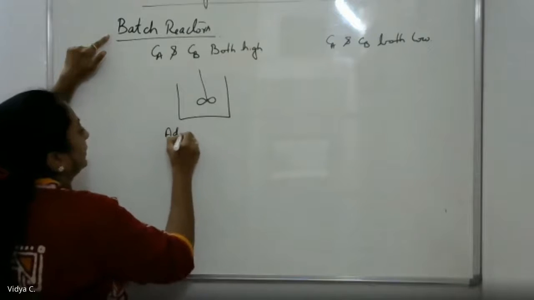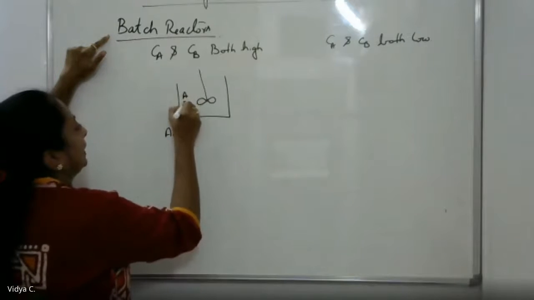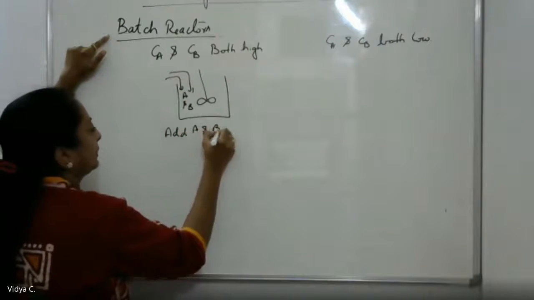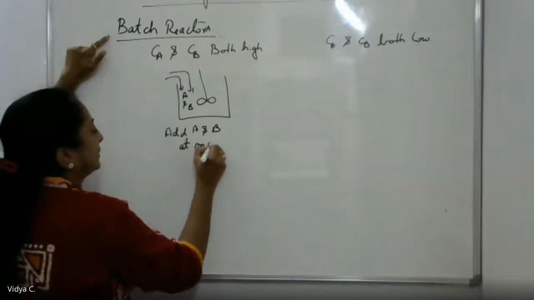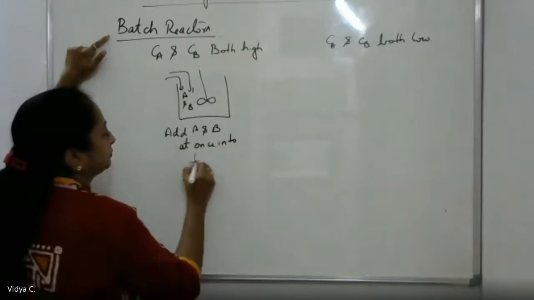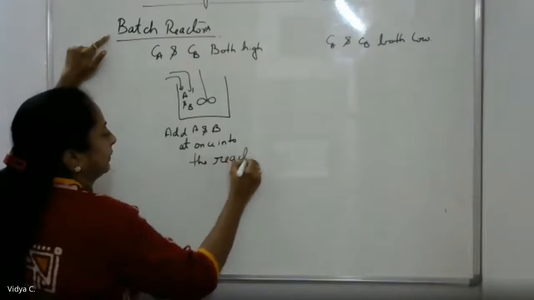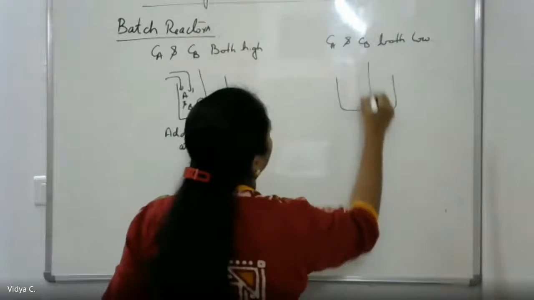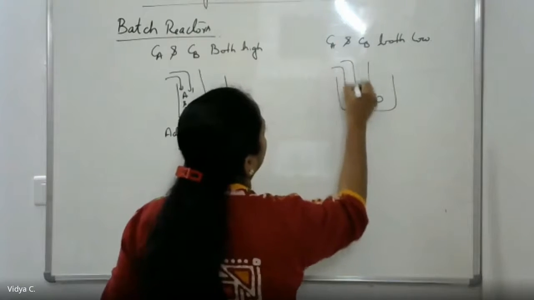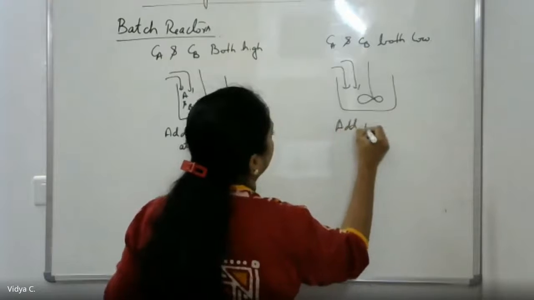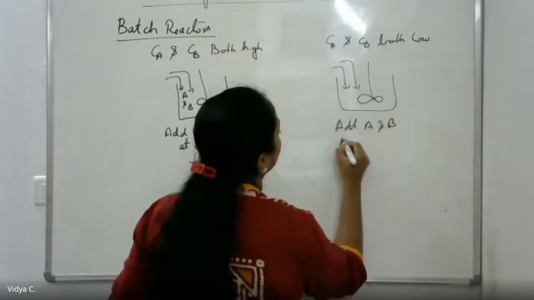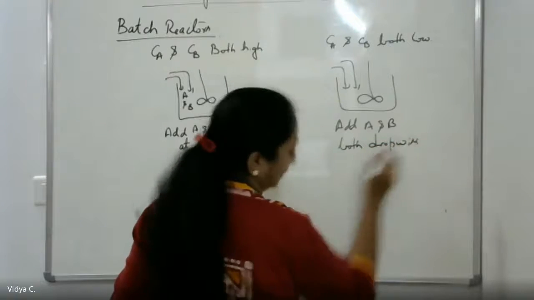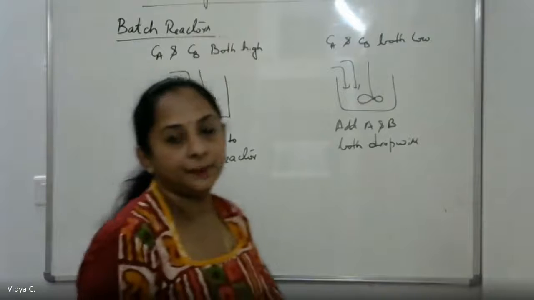If CA and CB are both low in the batch reactor, then add A and B both dropwise into the batch reactor.